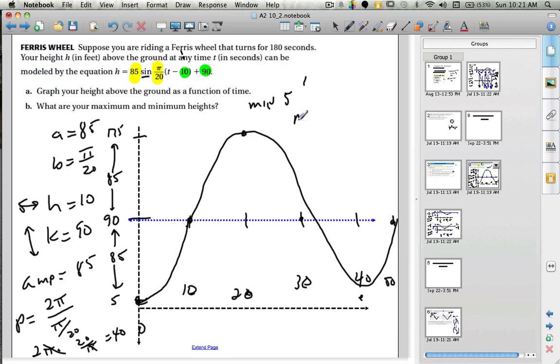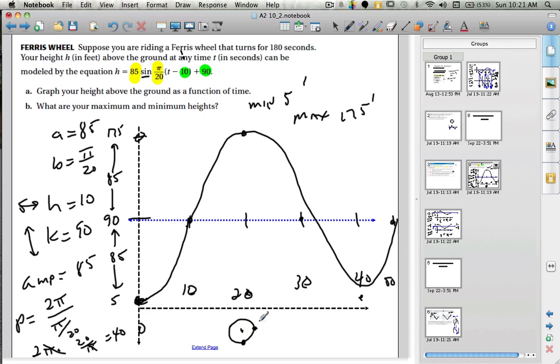And my maximum height is at 175. But I knew that when I put out this point and this point. Here's my function graphed. When you think about the Ferris wheel itself, I get on, and 10 seconds later I'm halfway up.